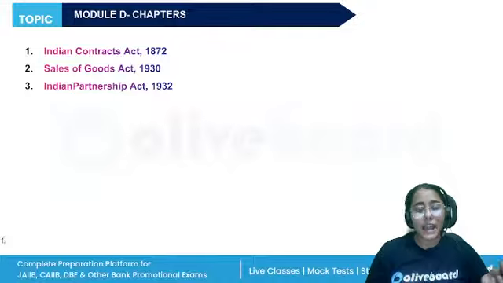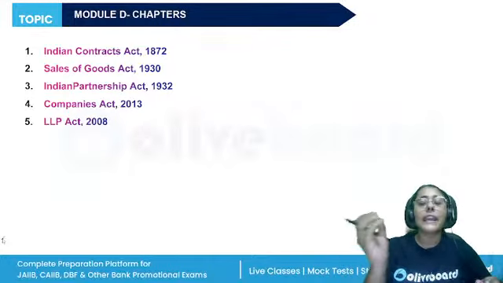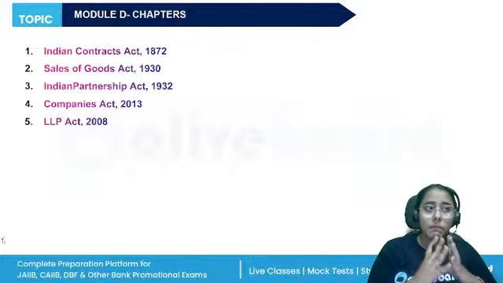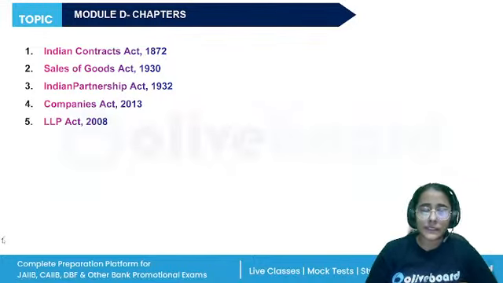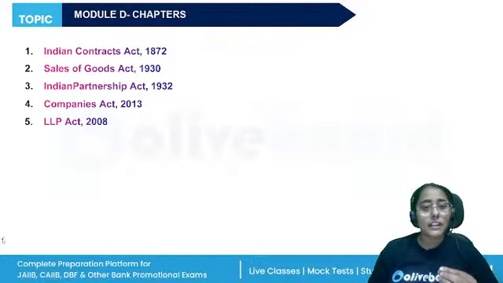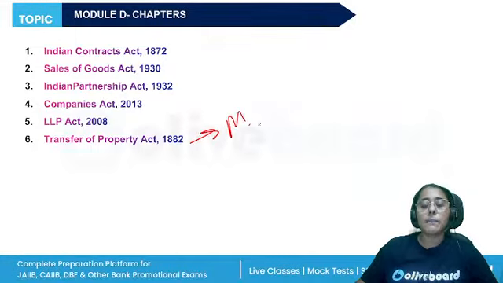Indian Partnership Act, liability on all the partners, Companies Act, MOA, AOA, the registered office, registered name clause, all of these things. Limited Liability Partnership Act, how the LLPs are formed. In the Transfer of Property Act, you will again be studying about the different types of mortgages, which is very, very important.